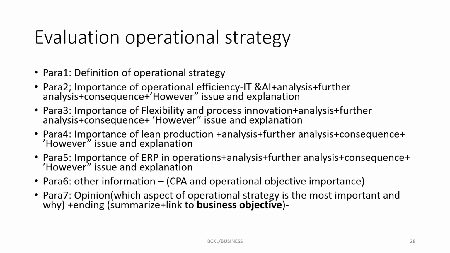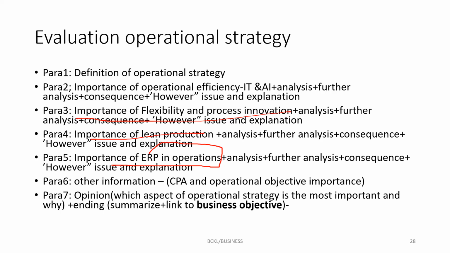The third paragraph is about the importance of flexibility and process innovation, analysis and all, and then the importance of lean production analysis, the importance of ERP in operations management, and then other information.